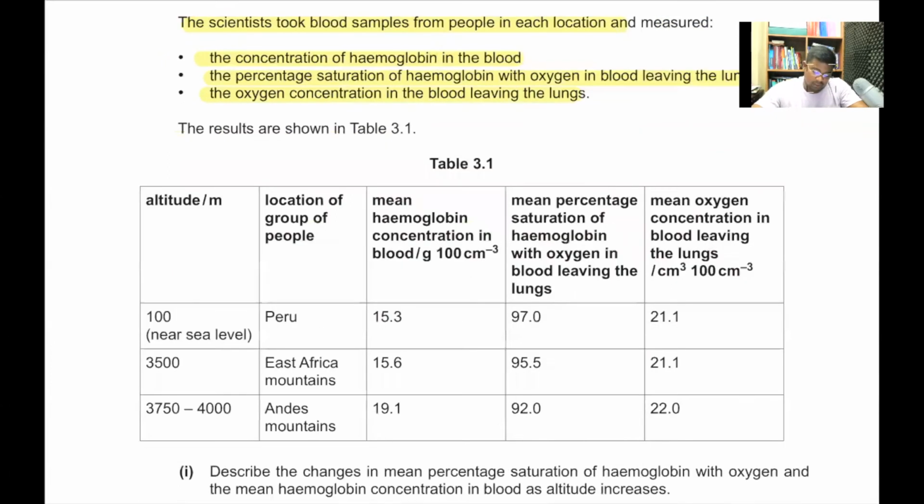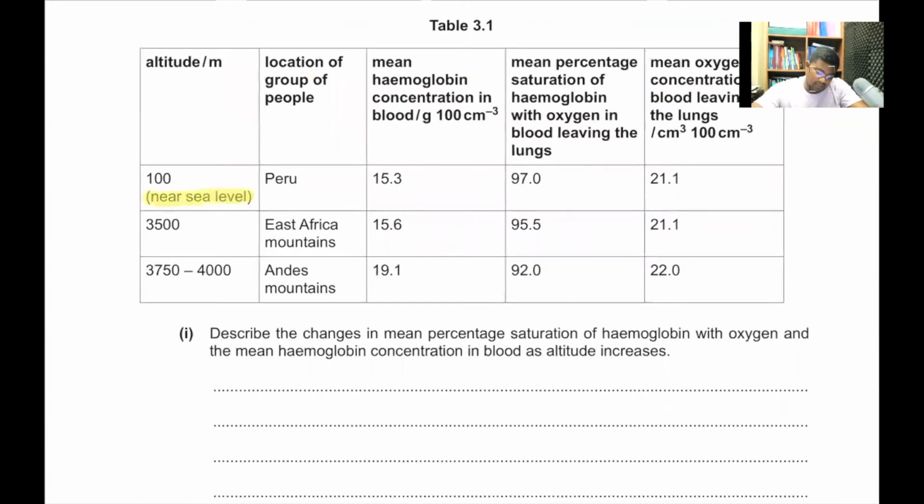So we can see that near sea level, in Peru, mean hemoglobin concentration is 15.3, mean percentage saturation is 97, and mean oxygen concentration in blood leaving the lungs is 21.1 cm cube per 100 cm cube of blood. Then the same information is given for 3,500 meters in the East Africa mountains.